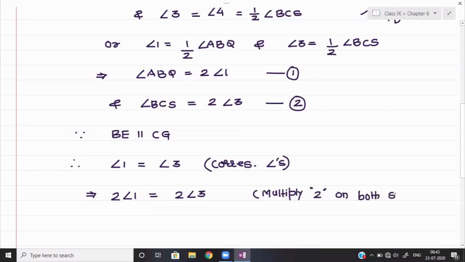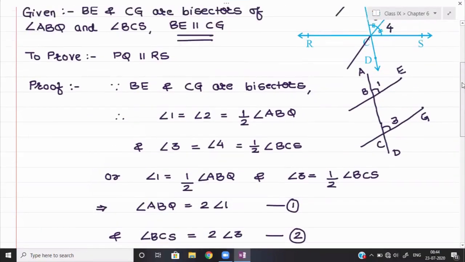Now look at the equation number first and second. Twice of angle 1 is basically which angle? That is ABQ, and twice of angle 3 will be equal to BCS, right? Now these two angles, observe angle ABQ, look at the main figure.